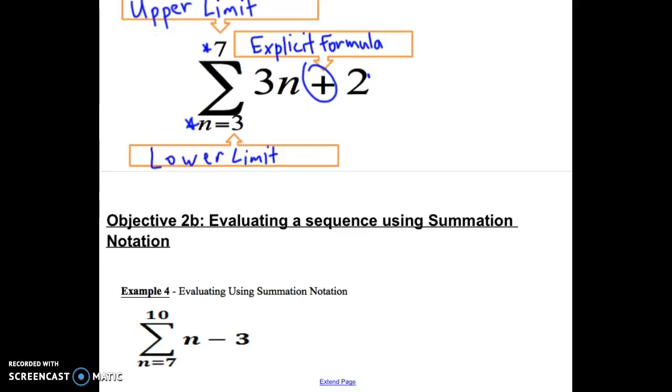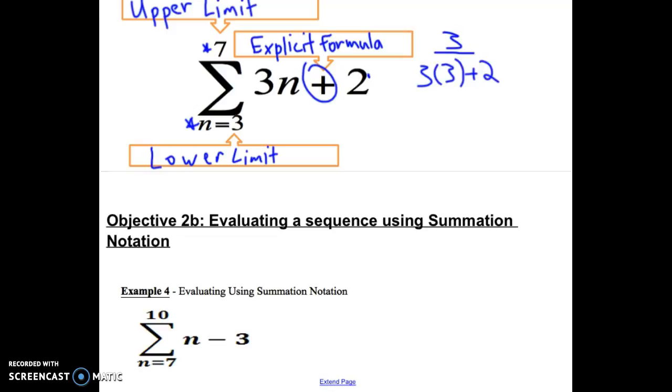This is another way to just write the sequence. They want the 3rd through the 7th term, and you can find the 3rd through the 7th term just by inputting 3 into the explicit formula, and that'll give you the 3rd term, and so on. That's just for your information for now. We are going to talk about that in another video.